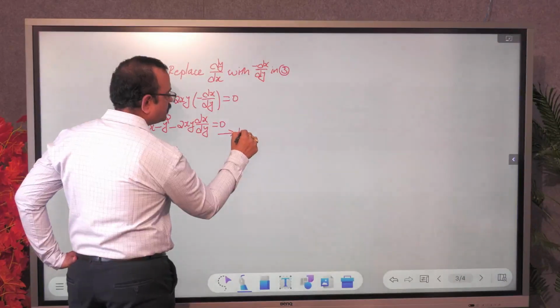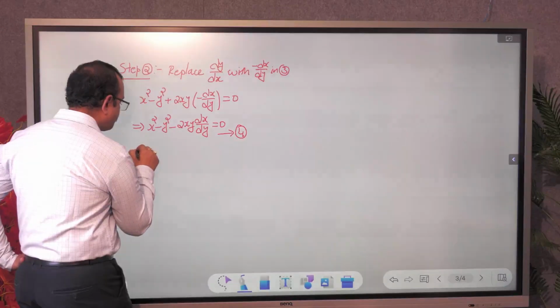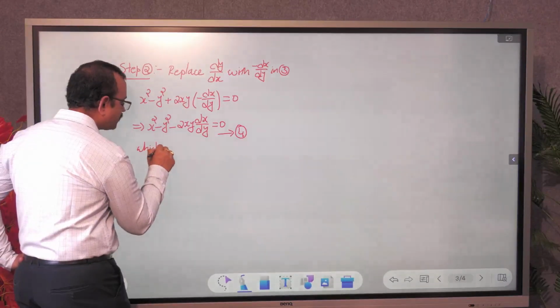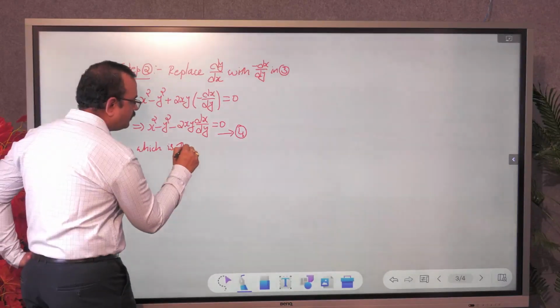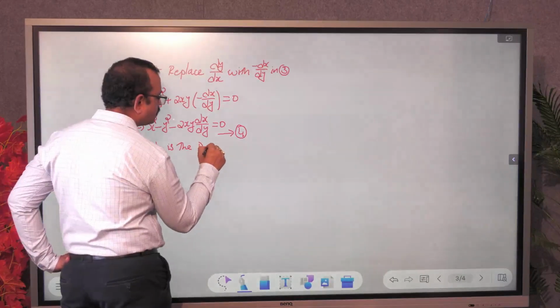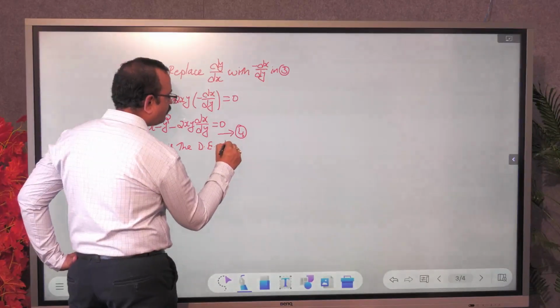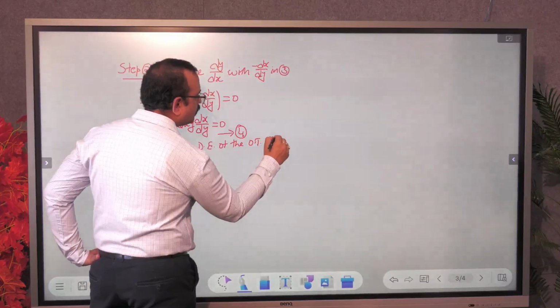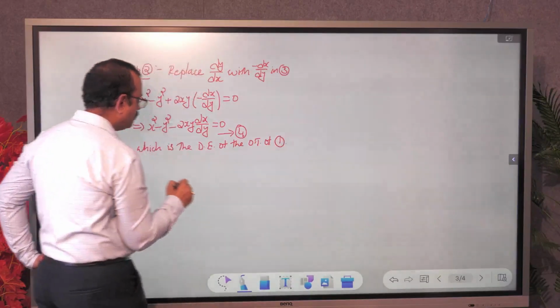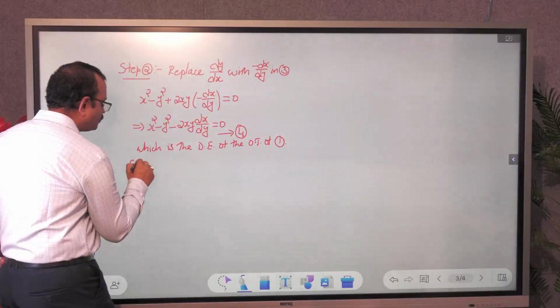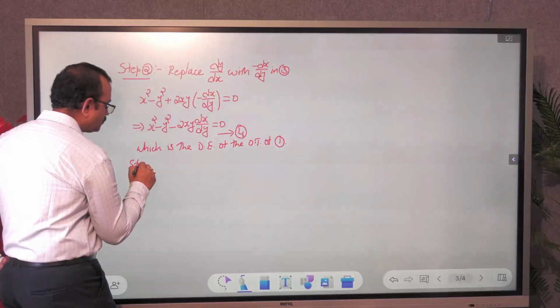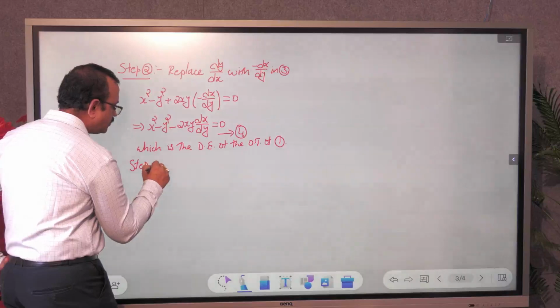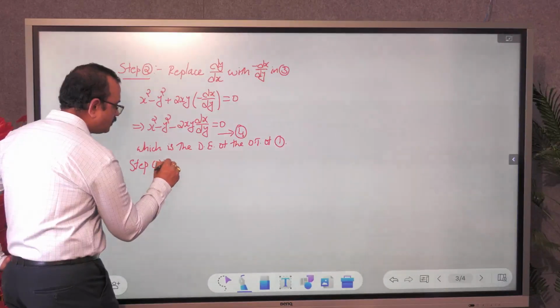Take this as equation 4, which is the differential equation of the orthogonal trajectory of equation 1. Now we have to solve this equation; take it as step 3.